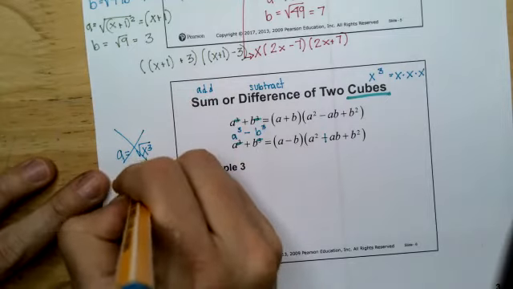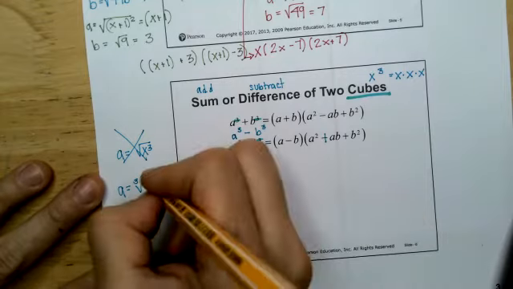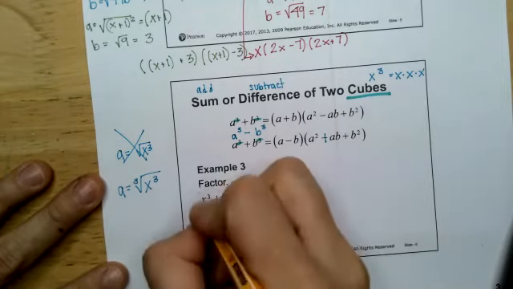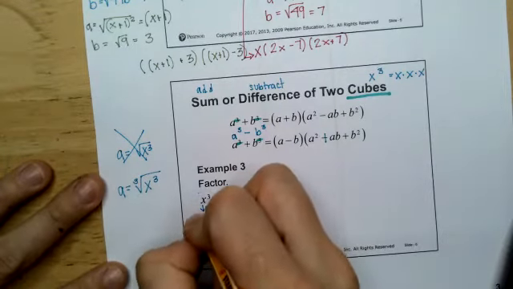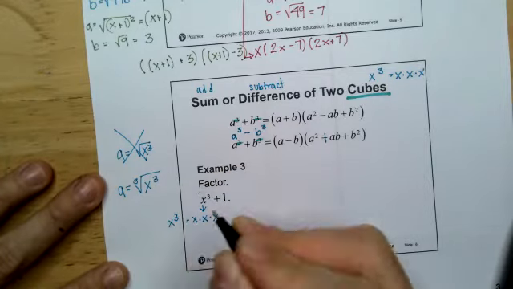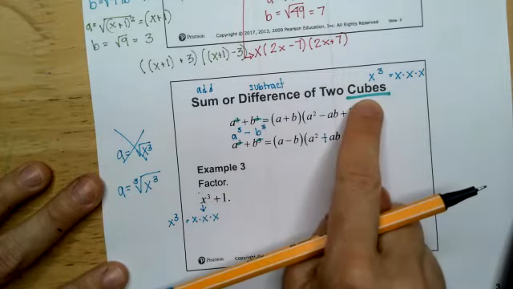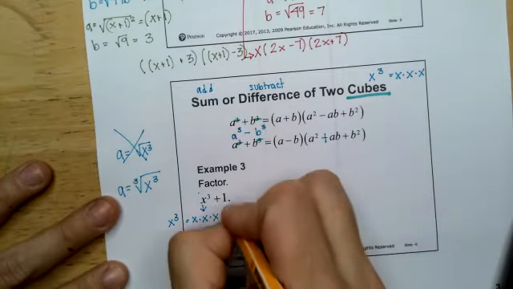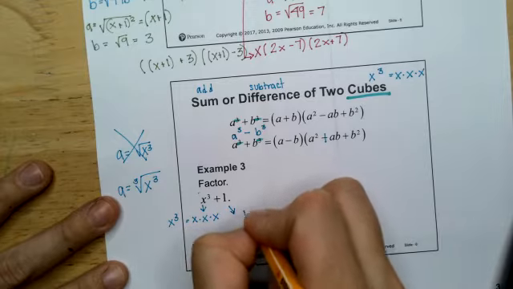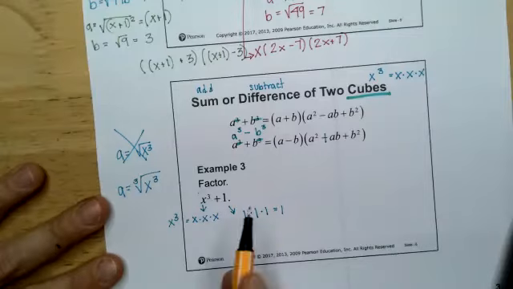A is the cubed root of x cubed, which means it has to be three times itself. That's what cubed means. Good. 1 has to be 1 times 1 times 1. So that really doesn't matter.